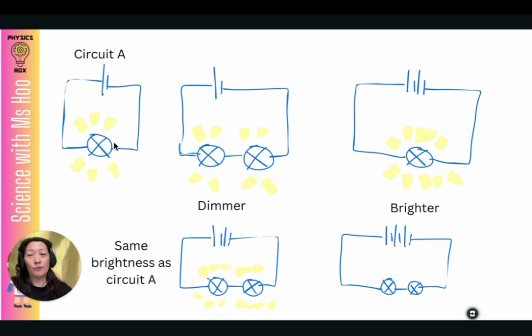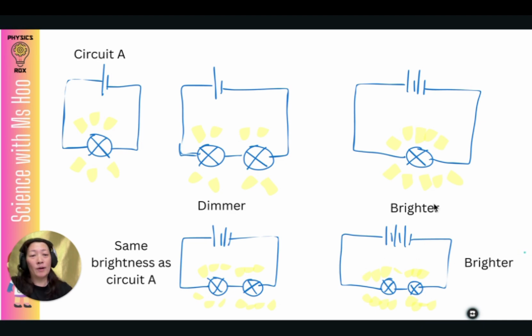Remember, this is a 1:1, this is 1:2, this is a 2:1. Here's a 3:2. Which means that these three cells have to split energy between two. So the ratio is 1.5 cells to one bulb, which is more than the ratio of circuit A's 1:1. So that means in this circuit, the lamp will be brighter than the bulb in circuit A.